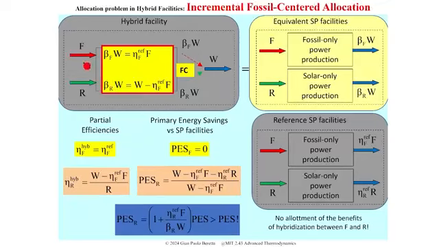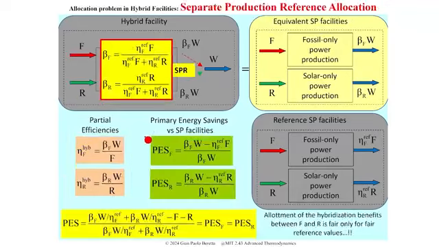And so you say, all right, I use that fuel. With that fuel, I usually produce this much electricity. Fine. So the extra electricity is attributed to the solar. But that's unfair, because it doesn't distribute evenly the primary energy savings.